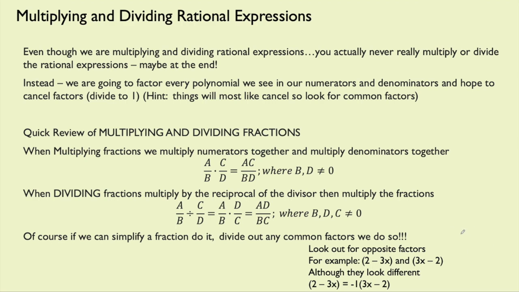If we had a fraction like 2 minus 3x over 3x minus 2, it doesn't look like I can cancel anything, but I can take out that negative 1. Then I get 3x minus 2 over 3x minus 2, and so I just get negative 1. That's what I mean by look for opposite factors. Those actually do cancel, and I'm left with just the negative 1. So look out for that as we do these, okay?